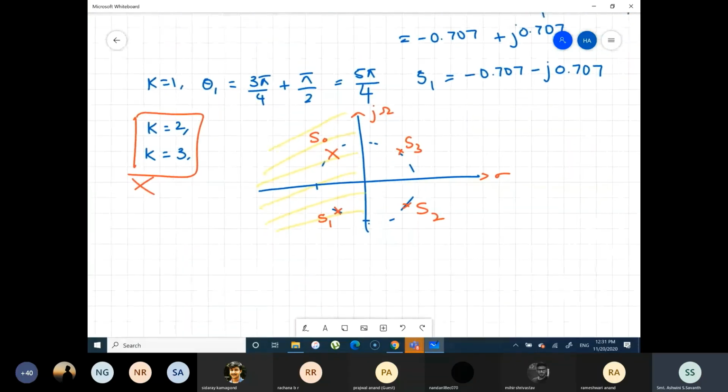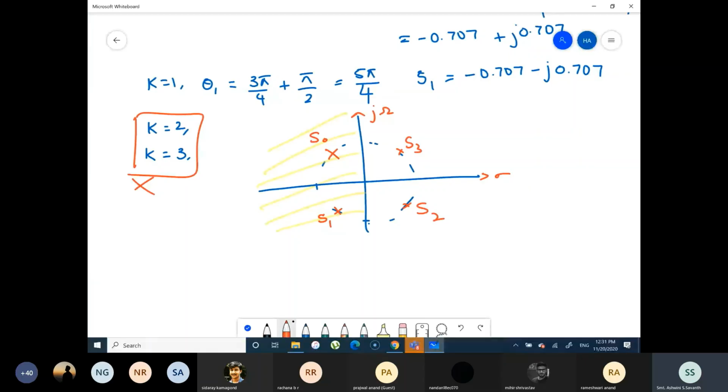So now to find the Butterworth polynomial, what is your Butterworth polynomial here? B2 of S will be S minus S0 into S minus S1.